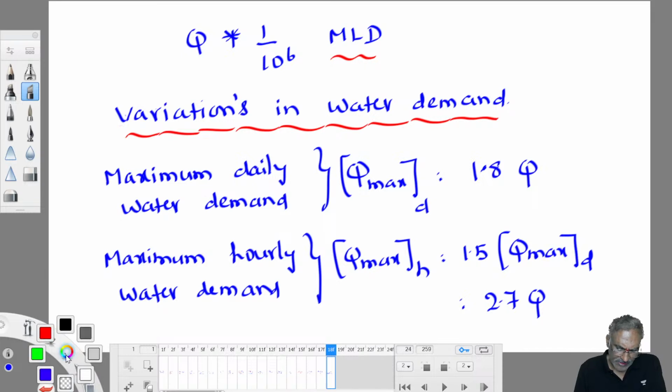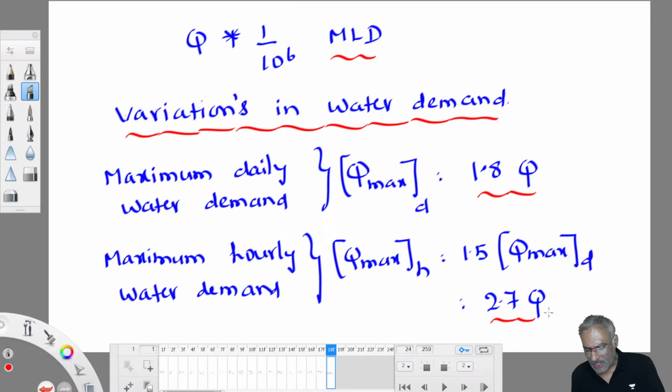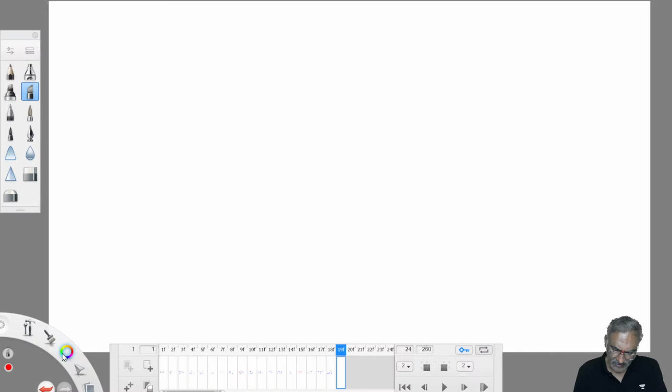So remember these values sometimes. Of course, it is not asked in the GATE exam, but in competitive exams they ask what factor is to be multiplied to go from average daily demand to maximum daily water demand, or to maximum hourly water demand. So, 2.7 times Q. Okay. Next, similarly, one more thing is there: coincidental draft.